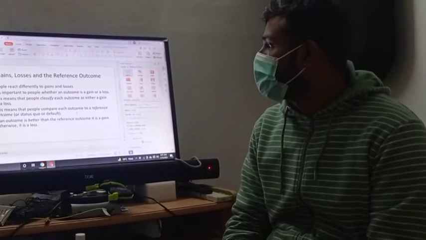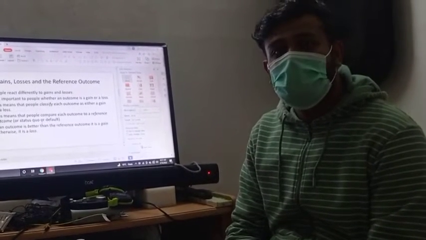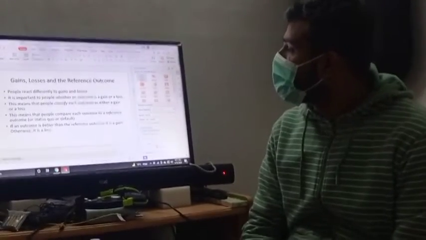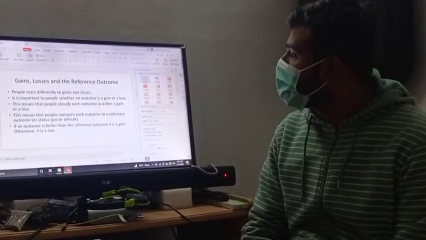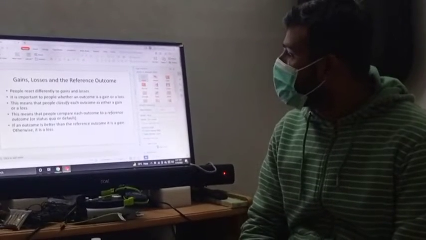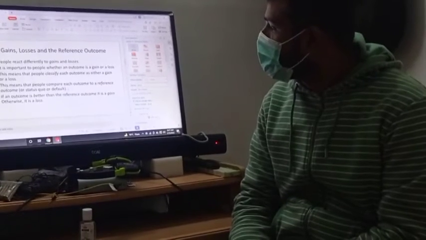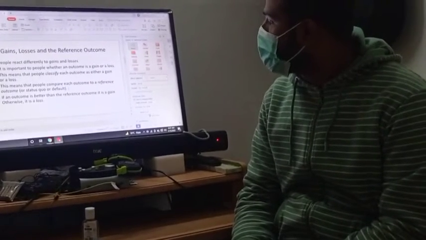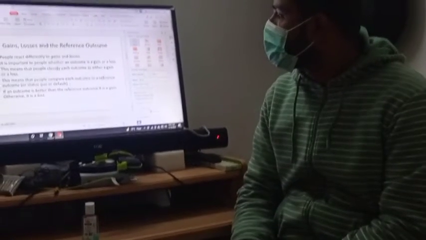This means that people compare each outcome to a reference outcome or status quo or default. Just like we explored in the previous slide, the reference point defines whether the outcome made the person happy or sad. So, the reference outcome, that is the outcome based on the status quo of the person, is what people compare other outcomes with.